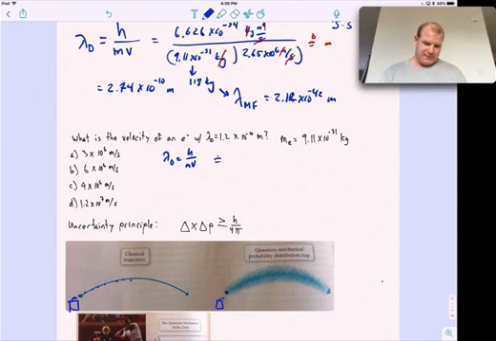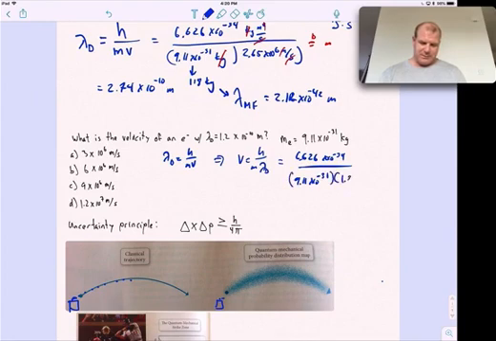So that means velocity is h over m lambda d: 6.626 times 10 to the minus 34, all over 9.11 times 10 to the minus 31, divided by the wavelength, 1.2 times 10 to the minus 10. Okay, so let us go ahead and put that in.